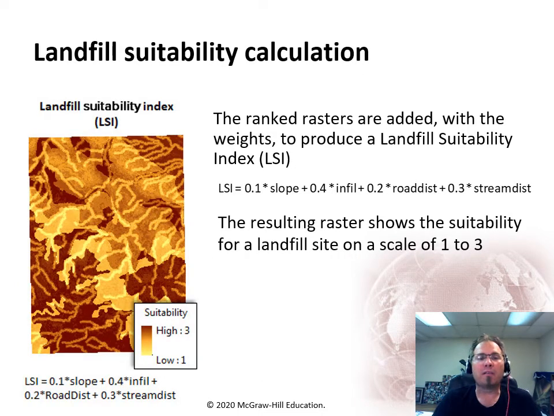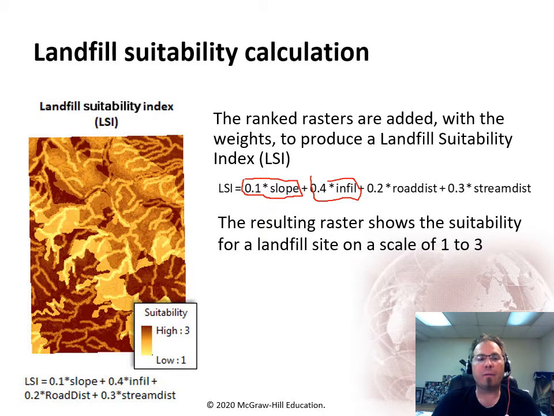So when we run this, the landfill suitability index, or LSI, we take, and we're still multiplying, or excuse me, we're adding these together. I apologize. We're multiplying the weight times its input. So in this case, 0.1 times the slope, because the 0.1 slope was the least important of the inputs. Then we add that to the weight times the next one. We add that. So this is the additive model based on all of those particular inputs.